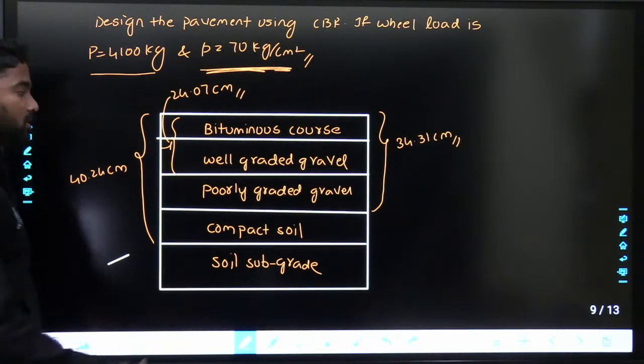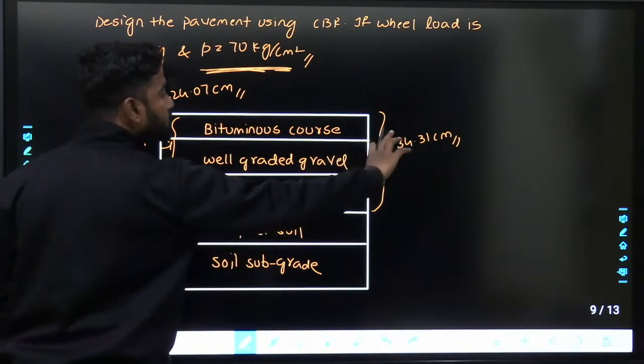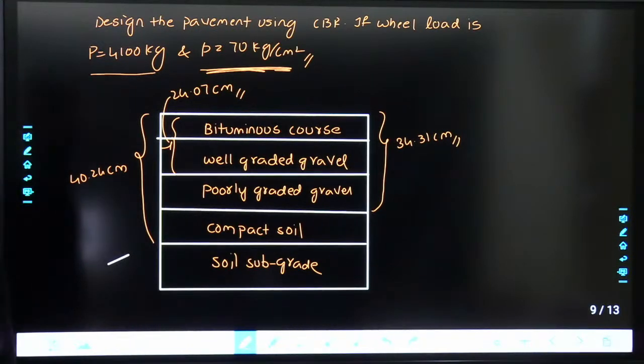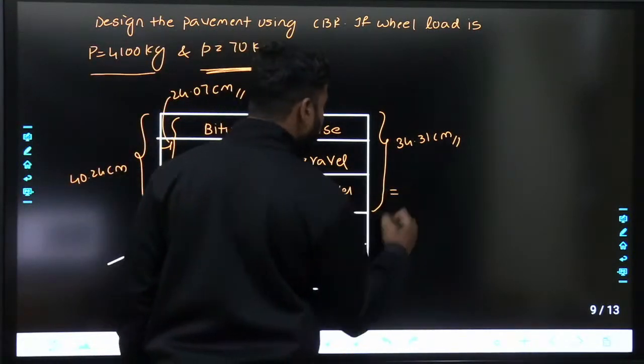Then what would be the thickness of poorly graded gravel? That is 34.31 minus 24.07. So, what would be this value then?